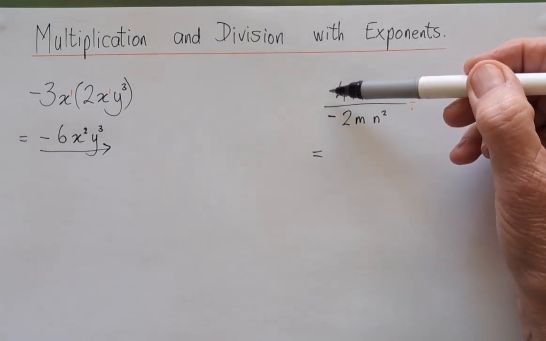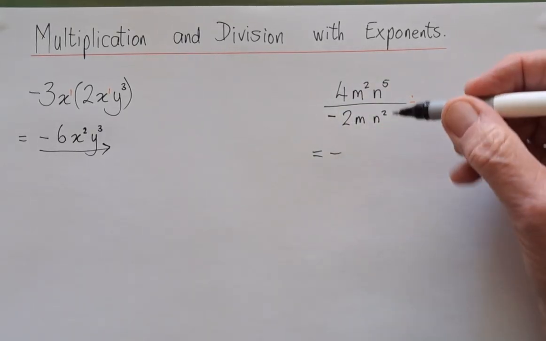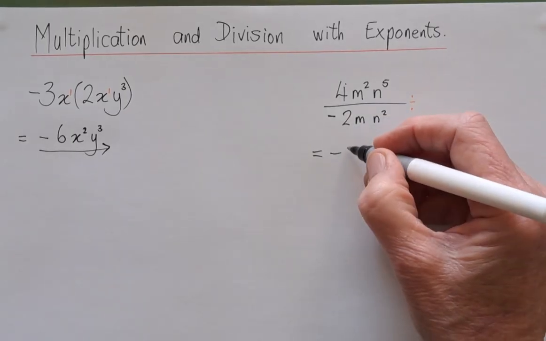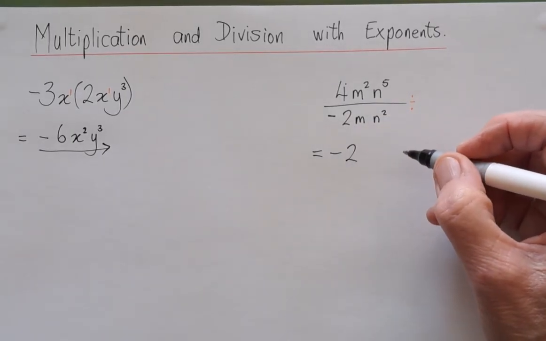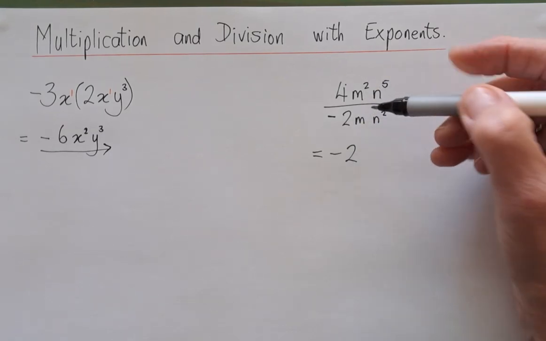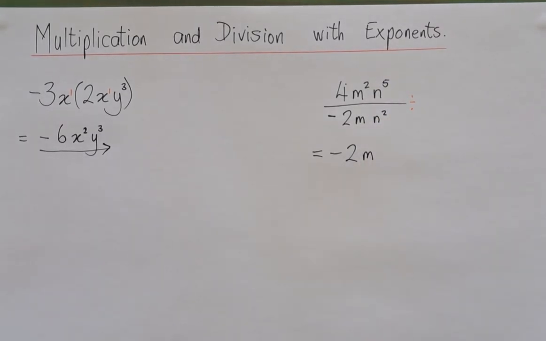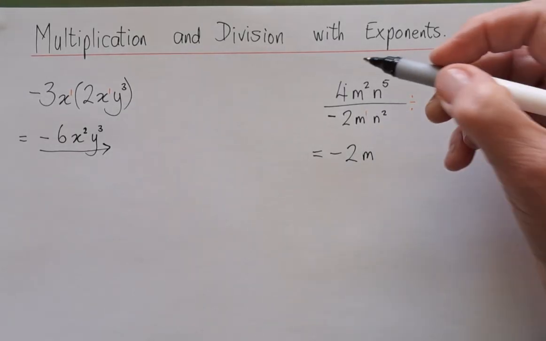So let's do the same thing, but with a division question. Remember, if there is no sign in front of a number, it means positive. Positive divided by negative is negative. 4 divided by 2 is 2. And when I'm dividing powers, I have to make sure that they've got the same bases, so I can process the ones that have a base of m. When I'm dividing powers, I have to subtract the exponents.